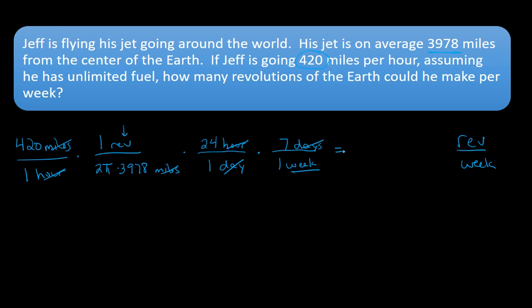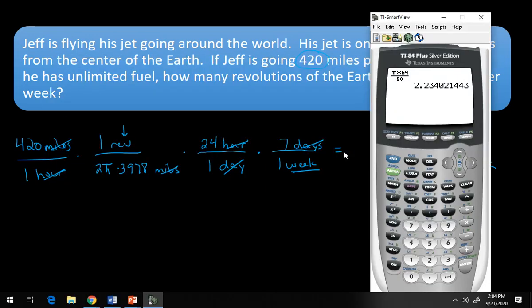So now I can go ahead back to my calculator and multiply this out. So I'll make my fraction alpha F1. On the top, I'm going to have 420 times 24 times 7.